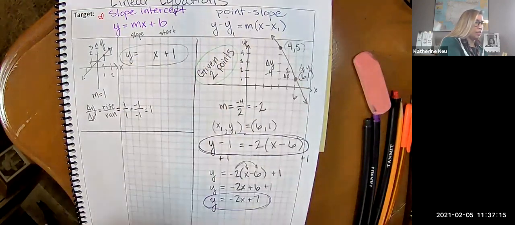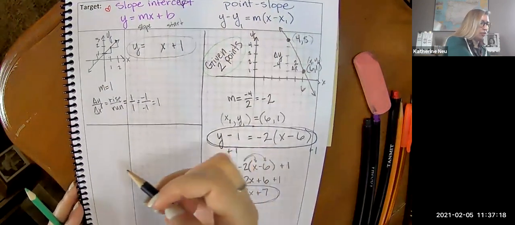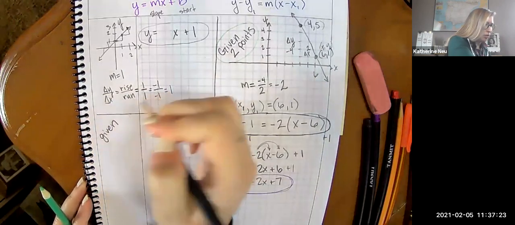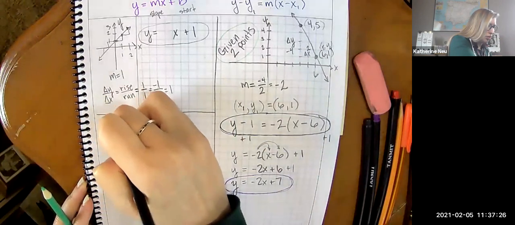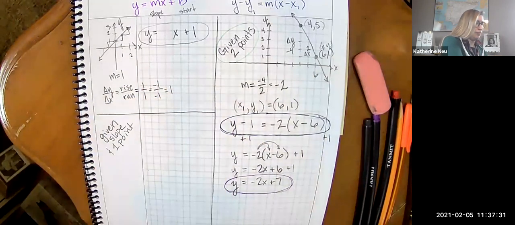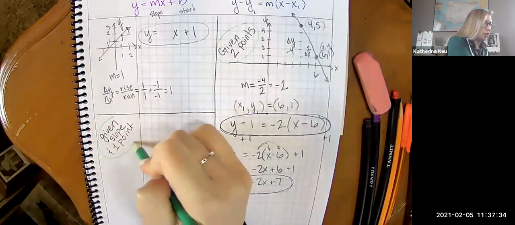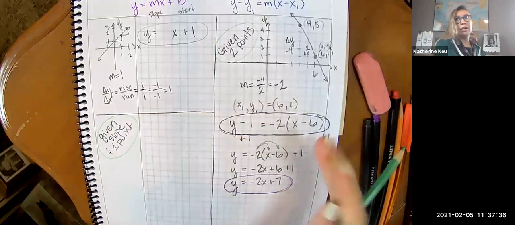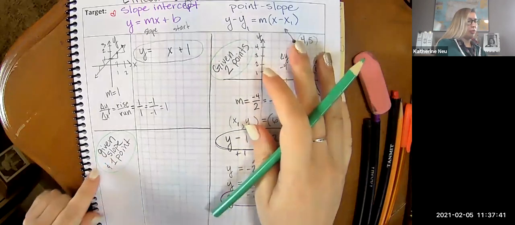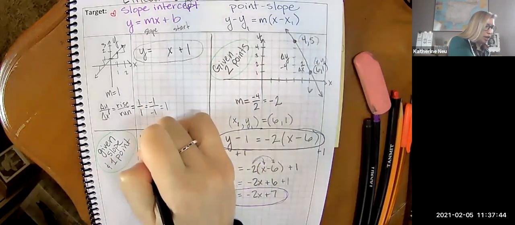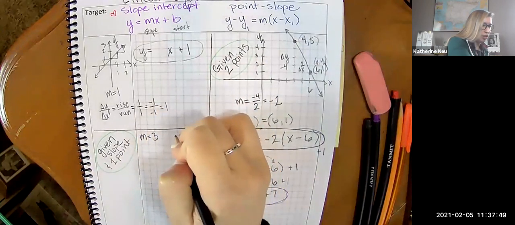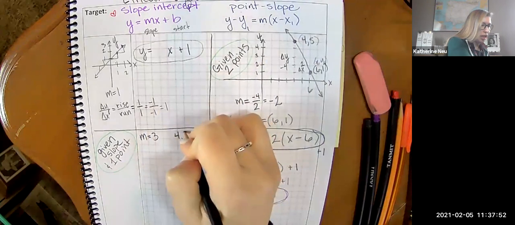There's also the way to do it where you are given the slope and 1 point. And of course, this one's really much easier, right? The directions say, find the equation in point slope form given the slope and a point. So here's your slope, m equals 3, and your point is 4, 9.